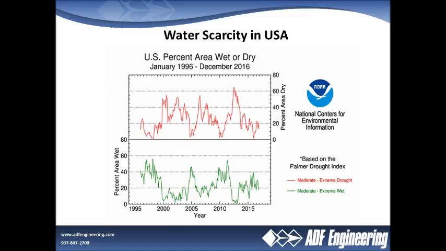There's also again a period in early 2015 when there was water scarcity in a lot of parts of the US, especially the western and southwest portion of the United States. And if you look at the overall trend, even though the process is cyclical, the peaks and the duration on the top red curve, which shows the drought region in the US, seem to be increasing in intensity and duration over this period of time.